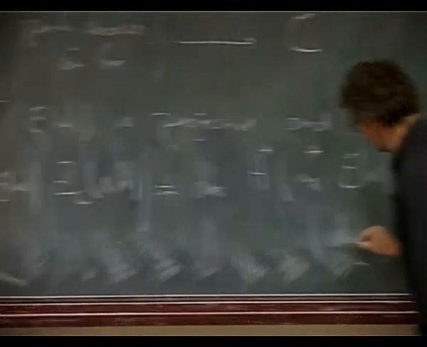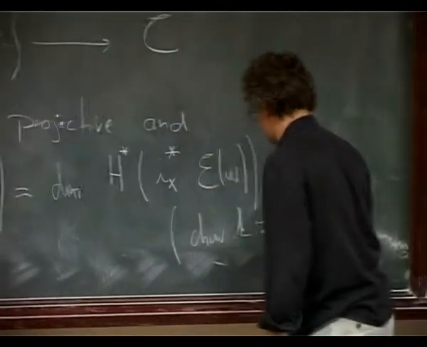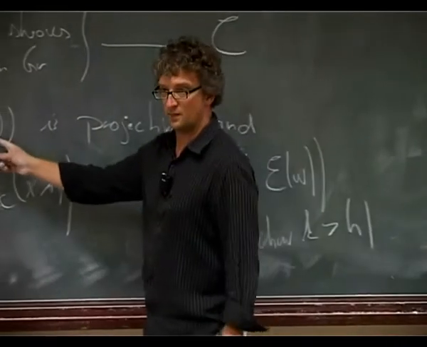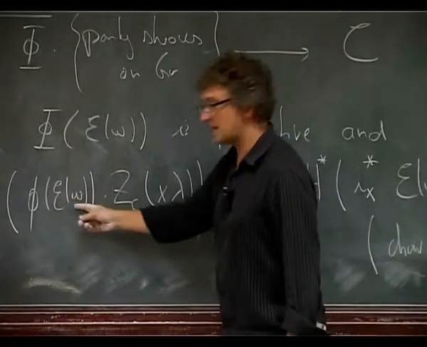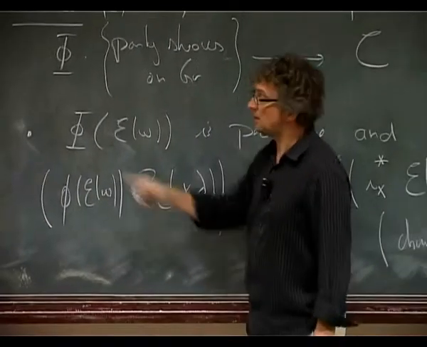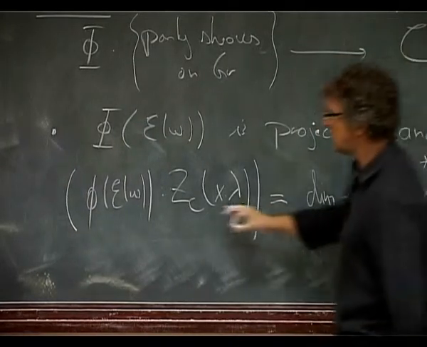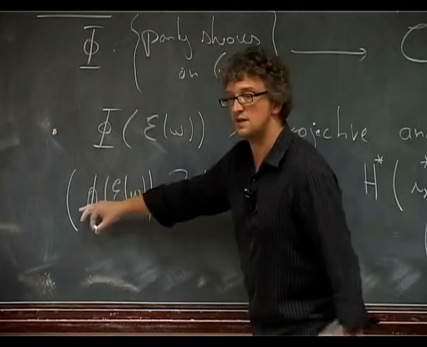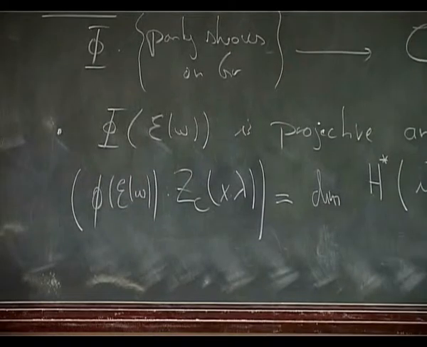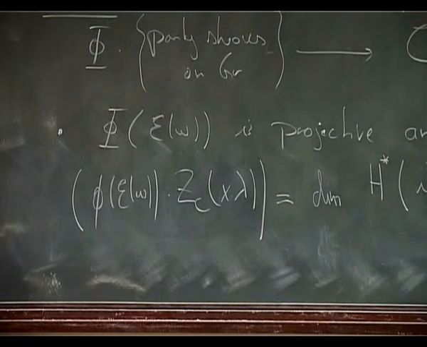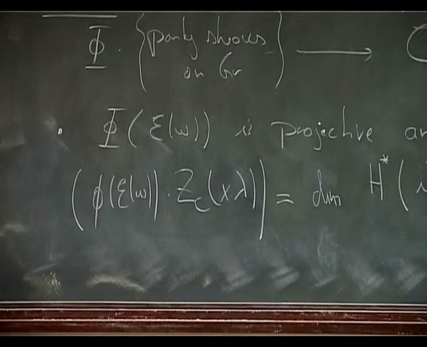Morally, it's if the characteristic of K is bigger than the Coxeter number. There's an assumption depending on W, but we need only finitely many W's to approach this character problem. For these finitely many W's, the characteristic must be bigger than the Coxeter number, but no further assumption. So we have to study these parity sheaves.